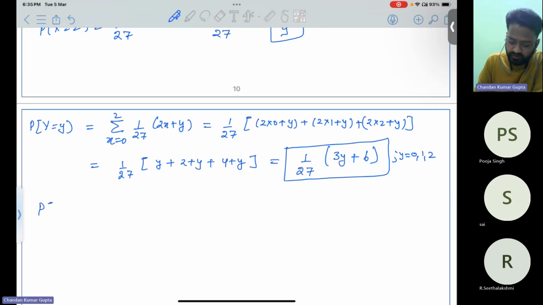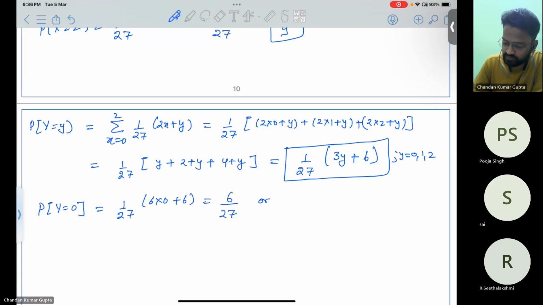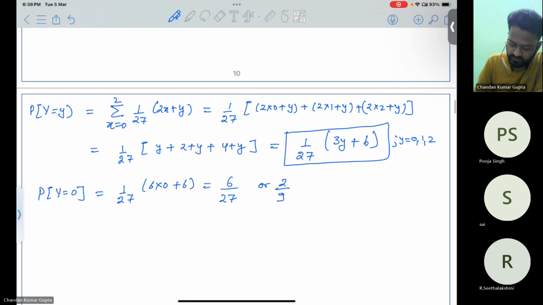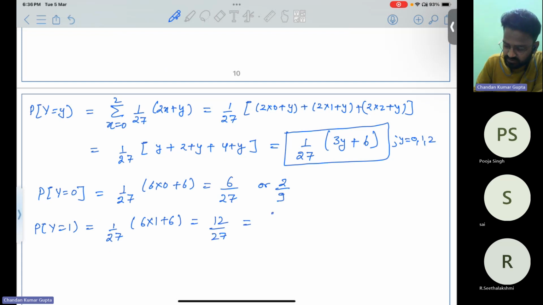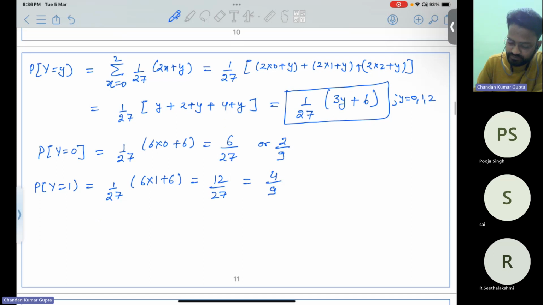Now we can calculate the value of y equal to 0, which is equal to 1 upon 27, 6 into 0 plus 6, which is equal to 6 upon 27, or 3 upon, not 3, it's 2 upon 9. Probability that y equal to 1 is 1 upon 27, 6 into 1 plus 6, which is equal to 12 upon 27, which is equal to 4 upon 9.